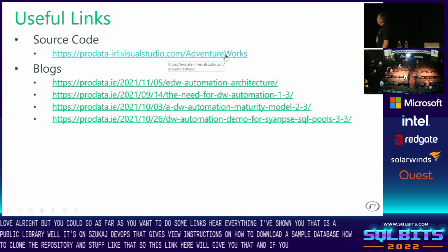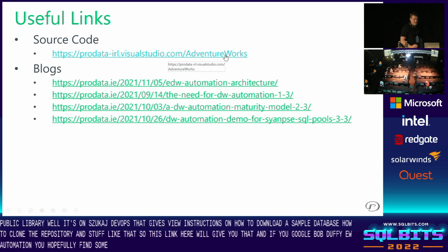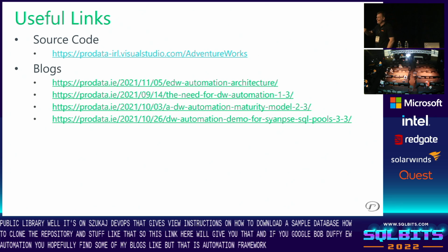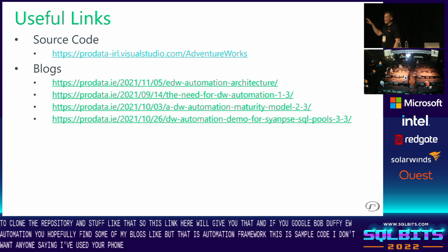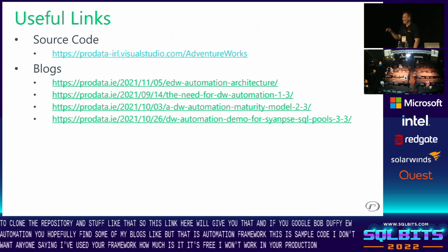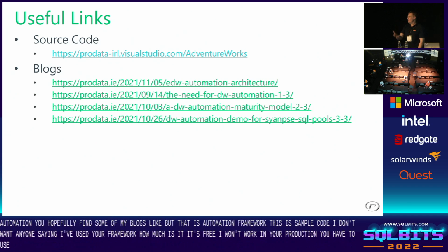And if you Google Bob Duffy EDW automation, you'll hopefully find some of my blogs, right? But that entire project I've done. Now, this is not a production automation framework. This is sample code. I don't want anyone saying, I've used your framework, how much is it? It's free, and it won't work in your production. You have to use it as a learning guide to write your own stuff.